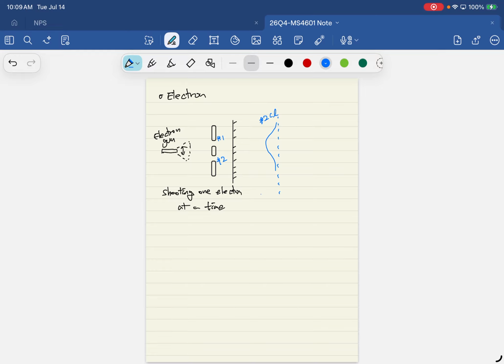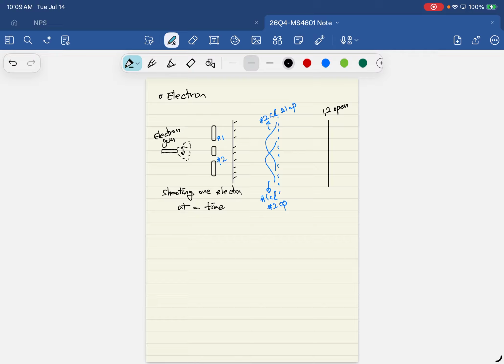And then, when number 1 hole is closed, and number 2 open, in this case, what we get is something like this. Okay, this one is for that, and this one is for that. Okay. But what if we have 1 and 2 both open?